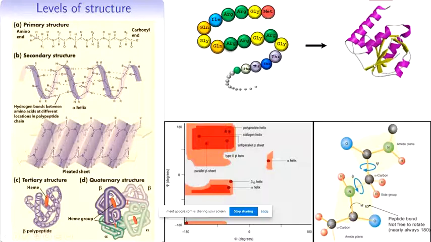So you might have a very long amino acid sequence, maybe 500 amino acids in a particular protein, but it is not forming a single structure. There is a mixture of three kinds of structure: alpha helix, beta sheet, and the third one is the random coil structure, which does not have any proper structure. We generally call it random coil or loops.